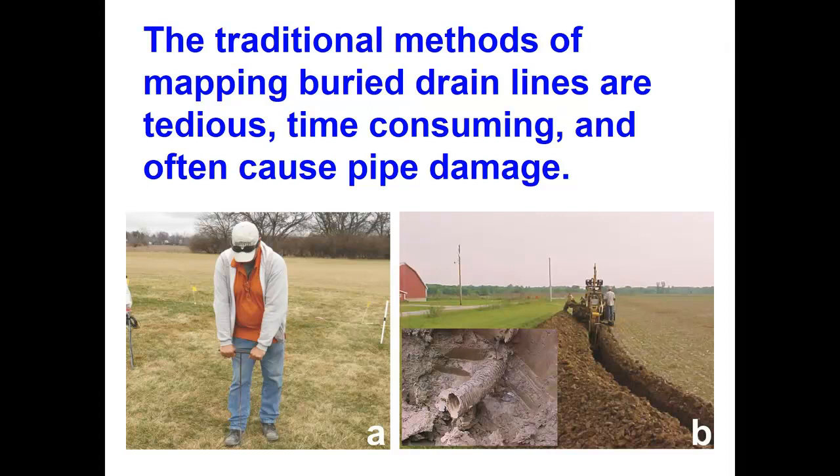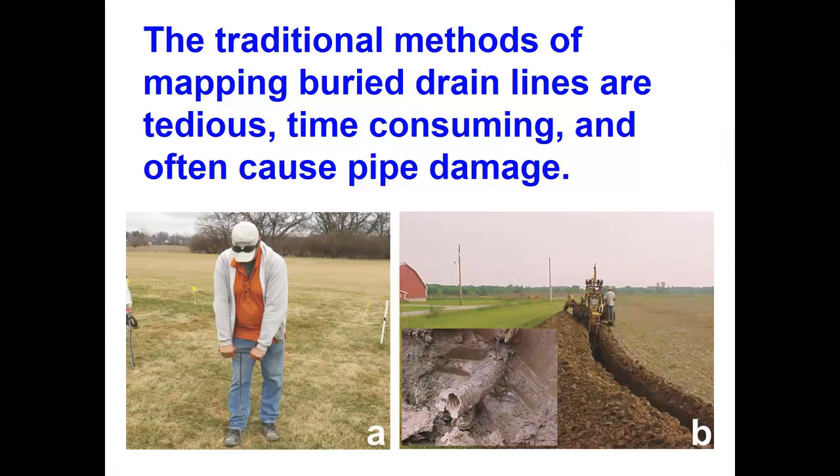It requires a lot of finesse to know, when you insert the probe into the soil, if you're encountering an actual pipe or a rock. And it can take a lot of time to really figure out what the pattern of the drainage is in a field. I mean, you could spend all day trying to figure out, especially a complex pattern, how those drainage pipes are oriented.